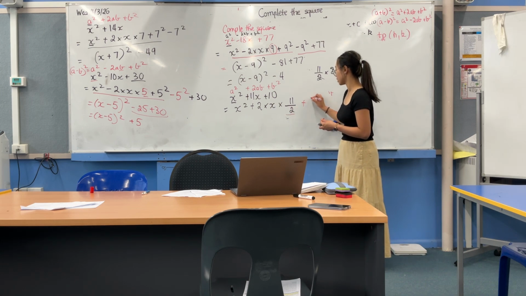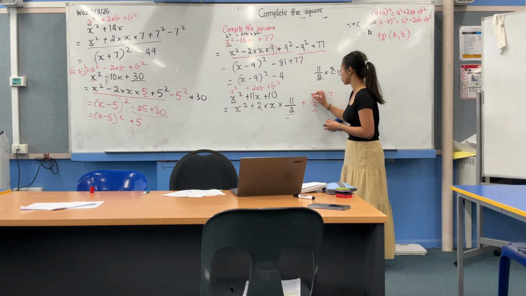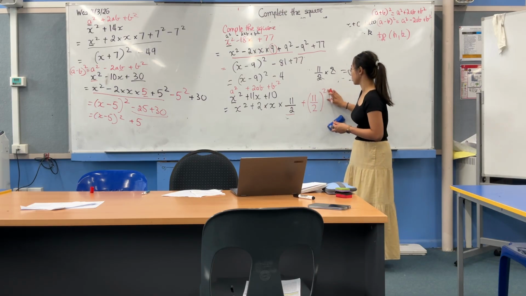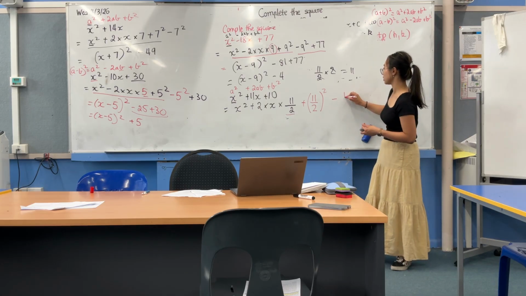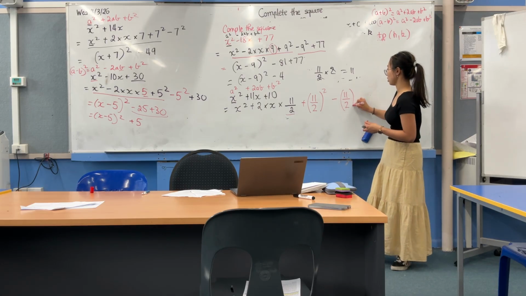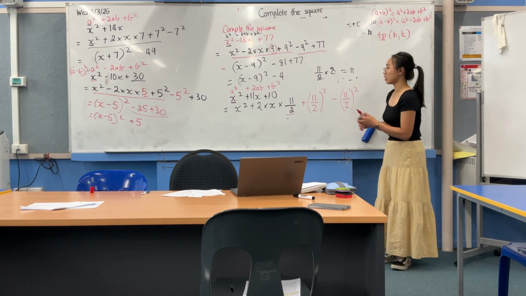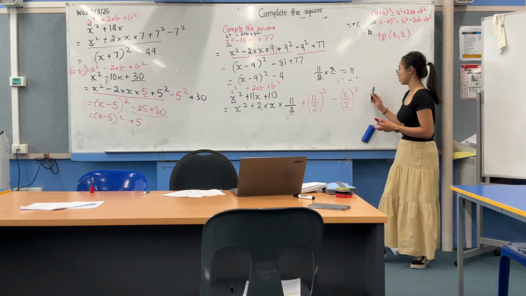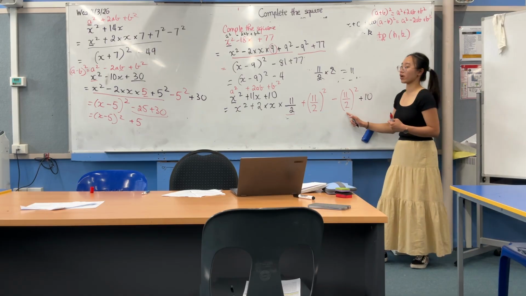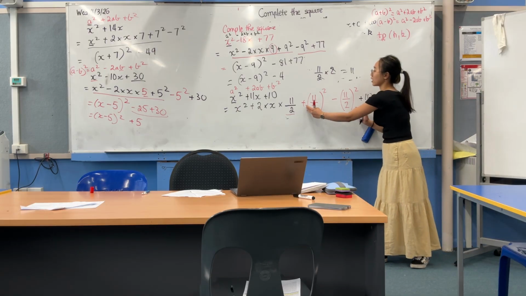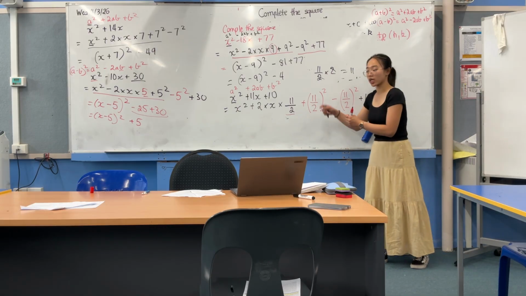Then plus (11 over 2) to the power of 2 as b squared. You subtract this, and then you're left with plus 10. I wrote this in red because these are what I just added in and subtracted. I haven't changed anything.